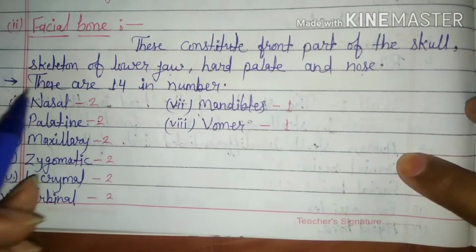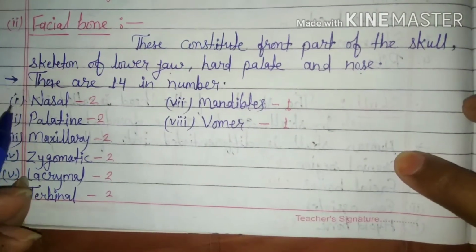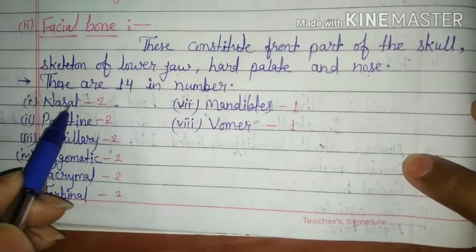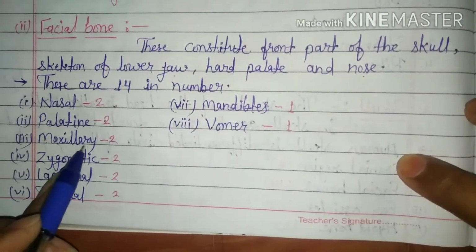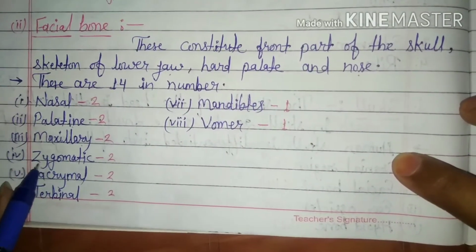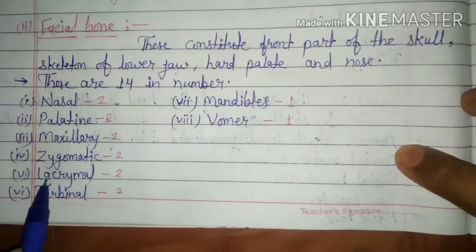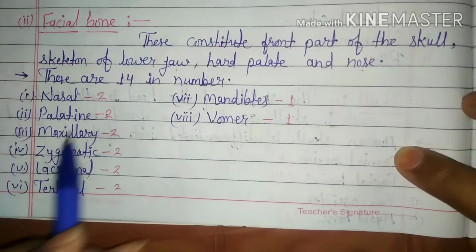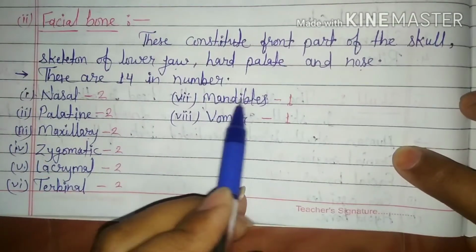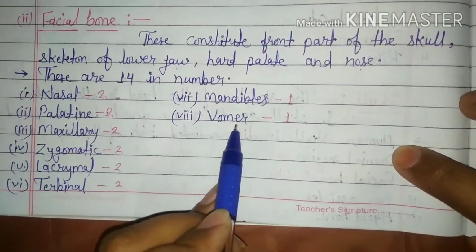These 14 bones are named as: first nasal, second palatine, third maxillary, fourth zygomatic, fifth lacrimal, sixth turbinal, seven mandibles and eight vomer.